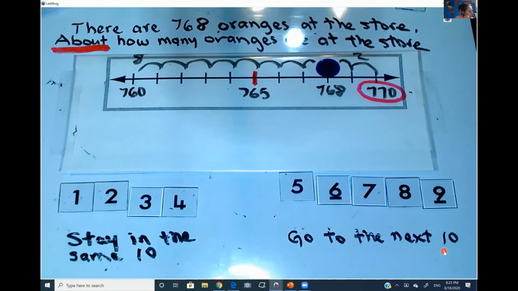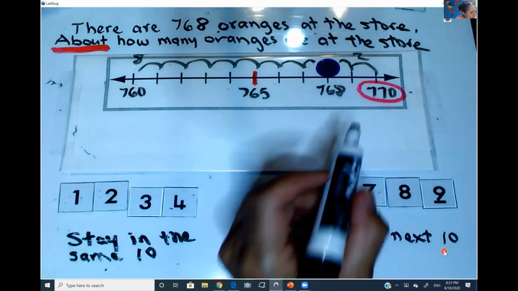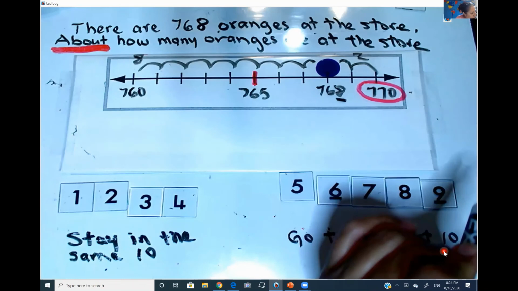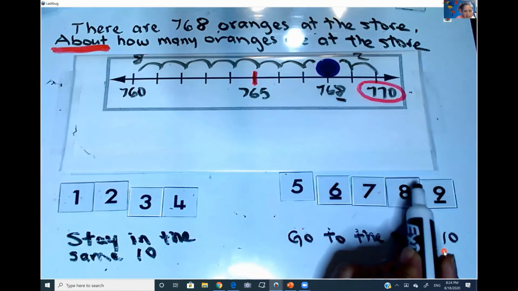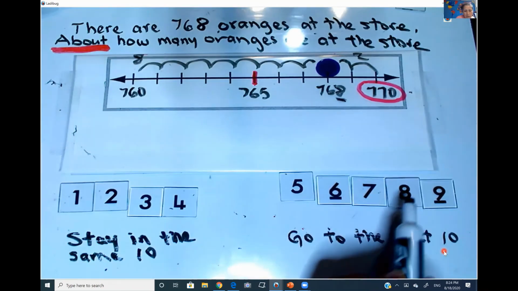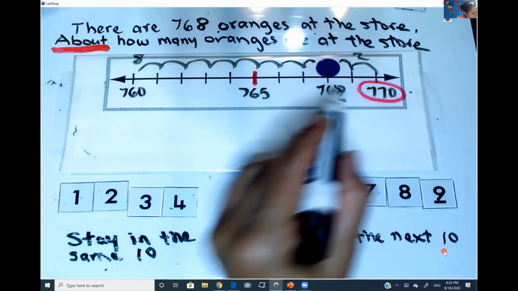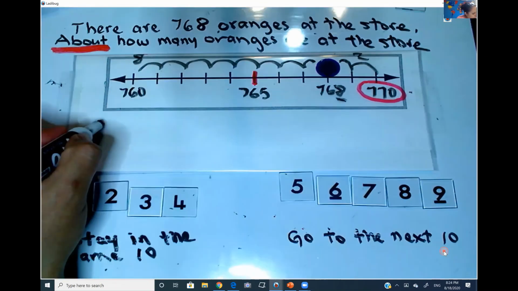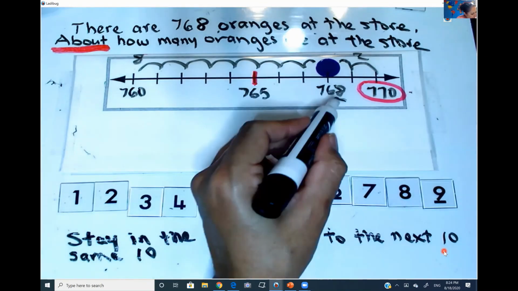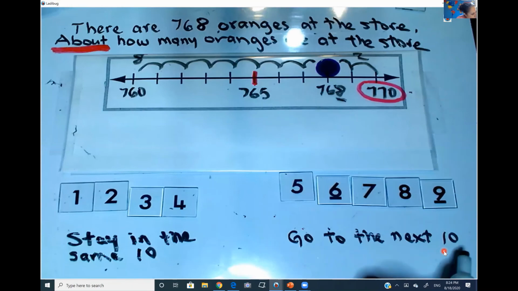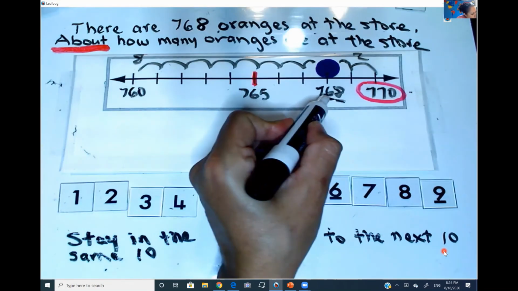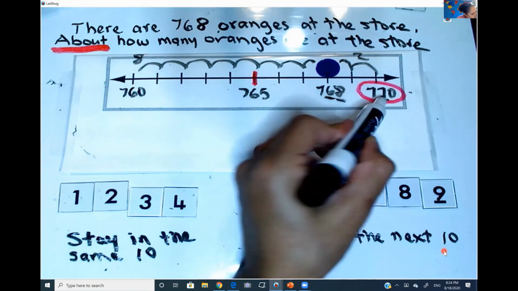Now we can apply the rule. I notice that 768 finishes in the digit 8. So digit 8 is on this side now, and now it's telling me that I have to go to the next 10. So how does that go? If I'm in 768, I go to the next 10. So if the 10 is 6, then I have to go to the next 10, which is 7.